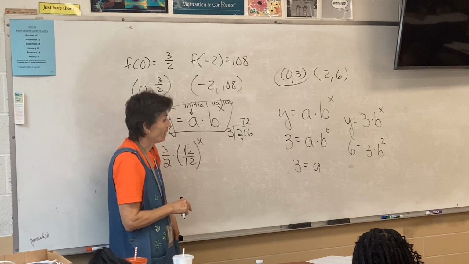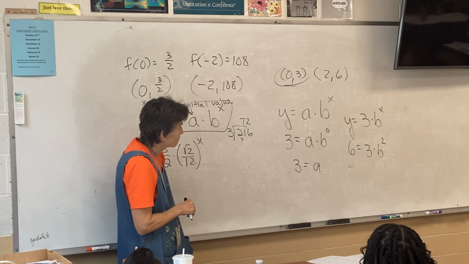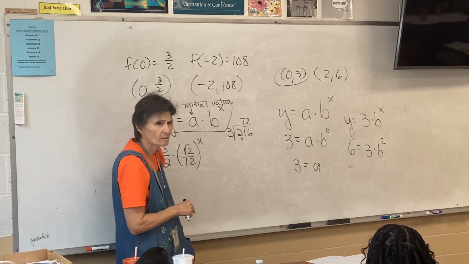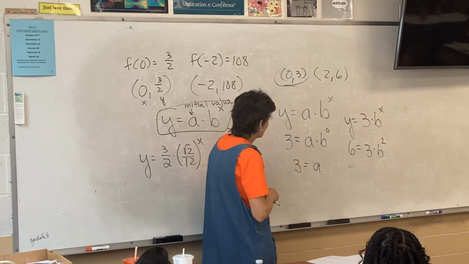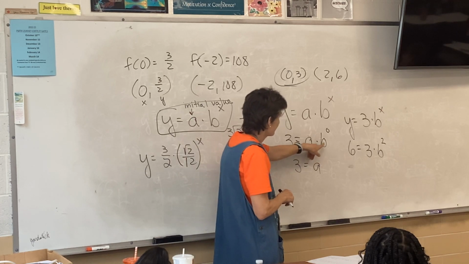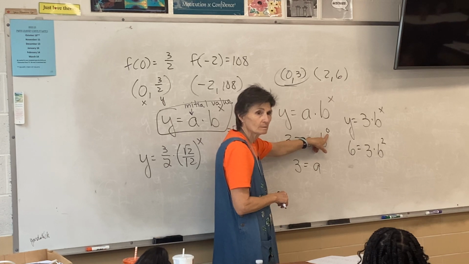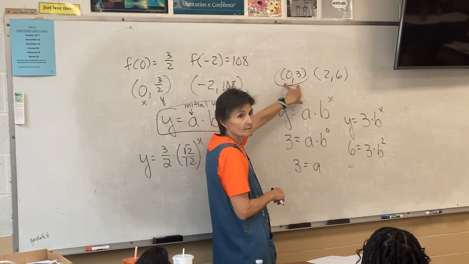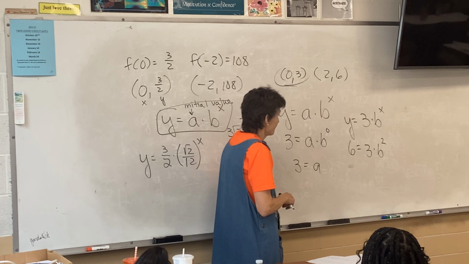I have a question. Where's the b squared going when you set 3 equals a? What? Like where it says 3 equals a times b to whatever right there. The 0. Right here? Yeah. That's a 0. Okay. My bad. It's this point, Eli. So x is 0. That makes sense.